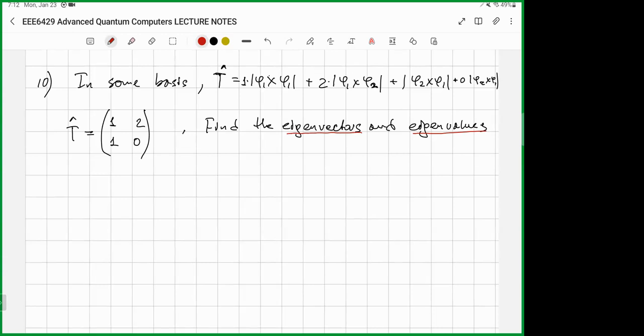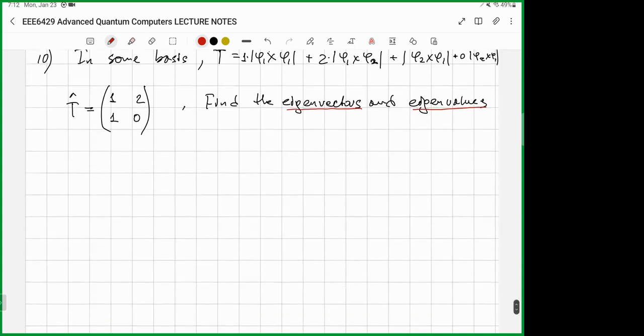When you find the eigenvalues of the Hamiltonian operator, you will get numbers, and those are the energies that a system can obtain, and not other values of energy, only from this set of eigenvalues. So find eigenvectors and eigenvalues.